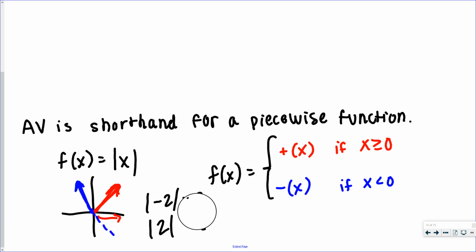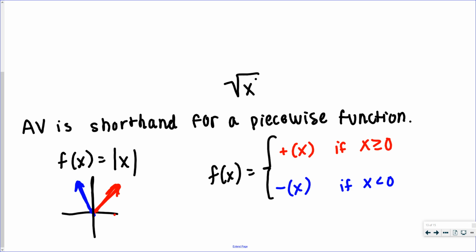All right, so you can kind of see how this piecewise function would fit this graph of my absolute value. And that goes back to what I said before, like the square root of x squared is technically the absolute value of x. So then thinking of the absolute value of x as a piecewise, it'll be positive x or negative x, depending on what x is. Okay, if that kind of makes sense.